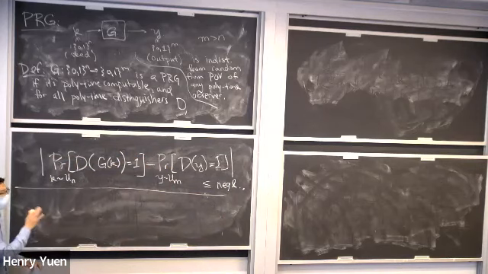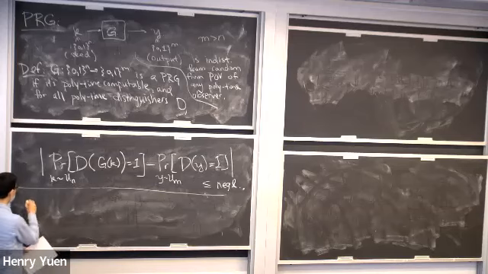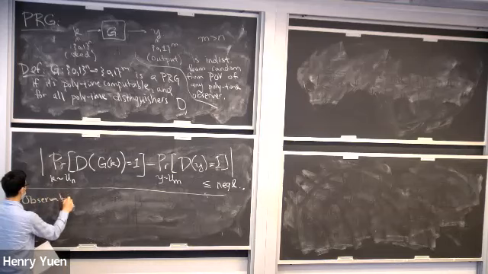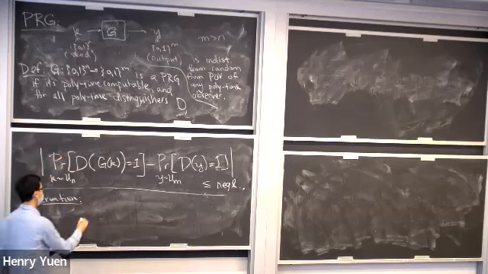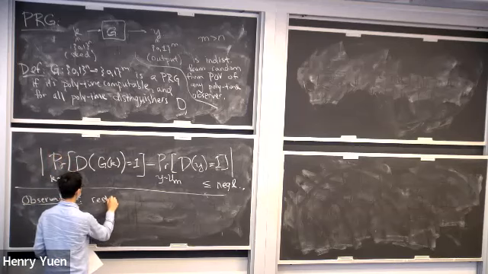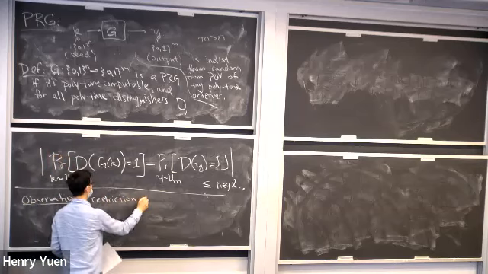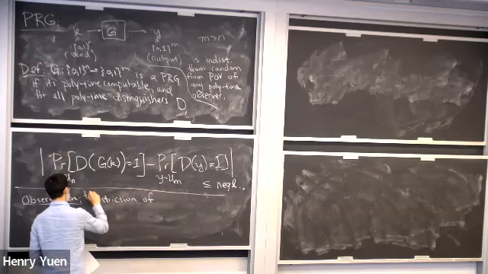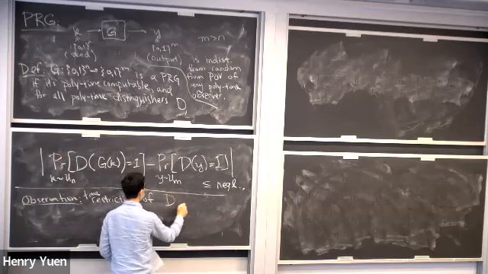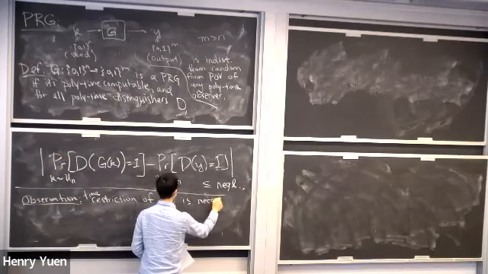And then we'll repeat this for the quantum case. So the first observation is that in order for this definition to make sense, this polynomial time restriction on the distinguisher D is necessary.